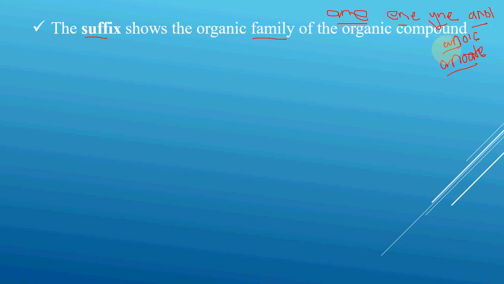Anol, alcohols. Anoic, acids. Anoate, esters. The ending part of the name gives us this information, which is also very vital, just like the prefix. The prefix will tell me how many carbon atoms are present, and this suffix will tell me which homologous series I am getting this organic compound from.